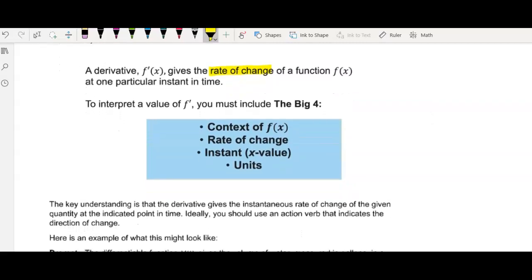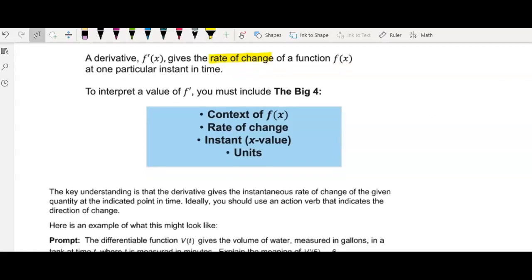To interpret a value of f prime, we must include context of f of x, the original function, the rate of change, which is the derivative, the instant, the x value where the derivative is taken, and the units of f prime.